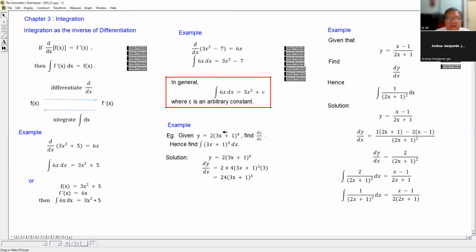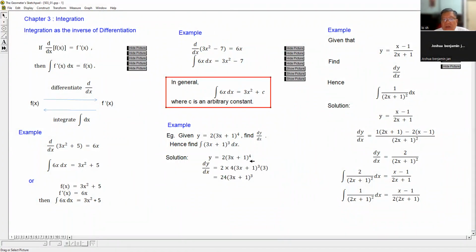When you want to differentiate this, according to the question, you want to find dy/dx. So dy/dx means you bring down the power, less by 1, then you differentiate what is inside. Differentiate what is inside, you get 3. Differentiate 3x, you get 3.